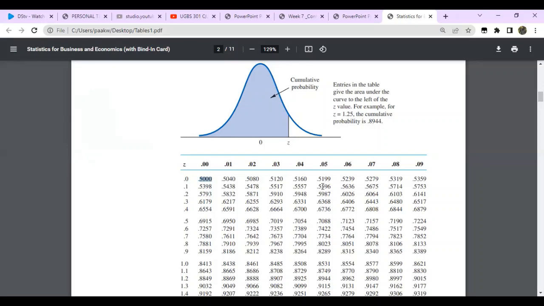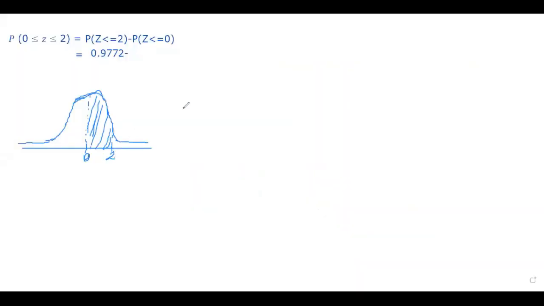So yes, 0.5. 0.500 is the same as 0.5. So that's the answer for this one.